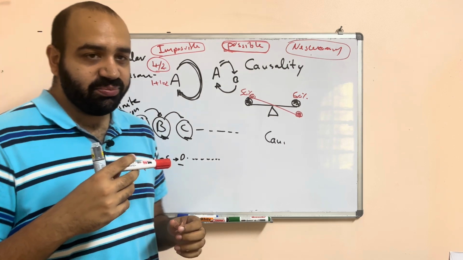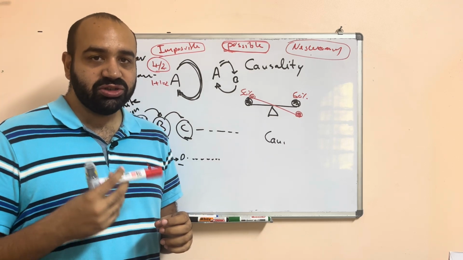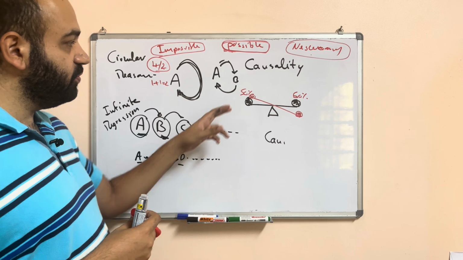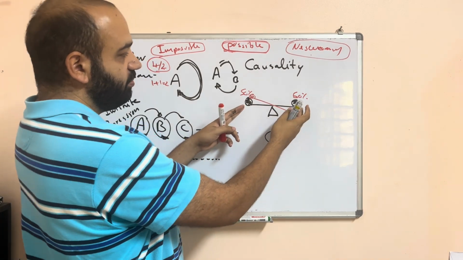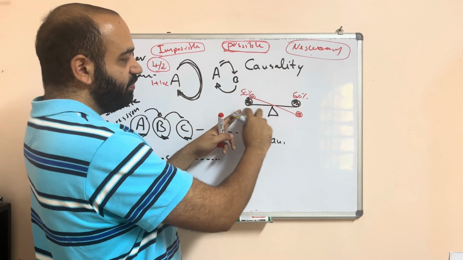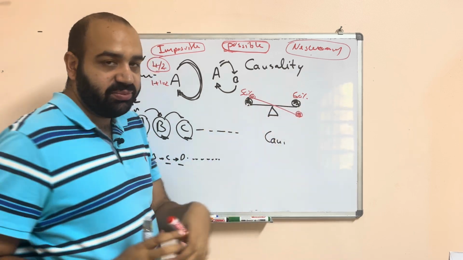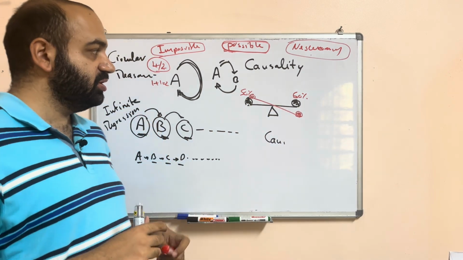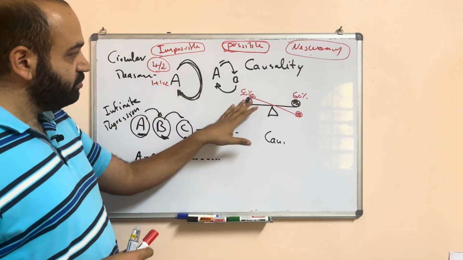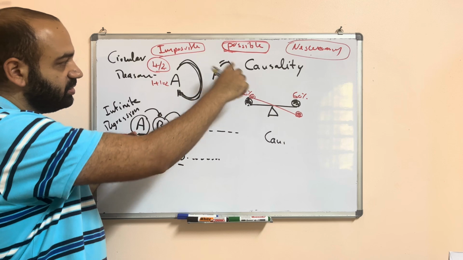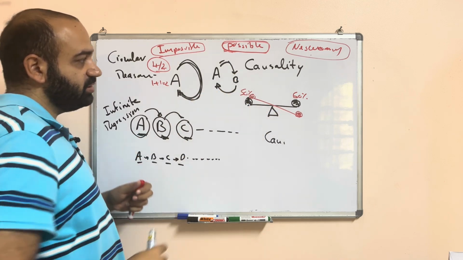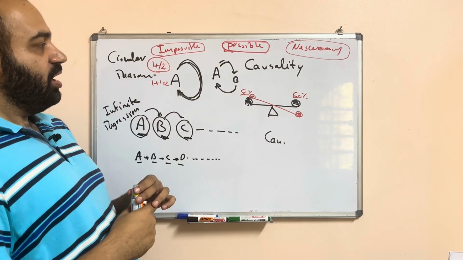Because it happening without a cause is logically impossible because of the law of contradiction. It means that this scale, for example, this balance, is balanced and not balanced at the same time. So this defies the law of contradiction. So these are three forms of logical impossibilities: circular reasoning, infinite regression, and causality.